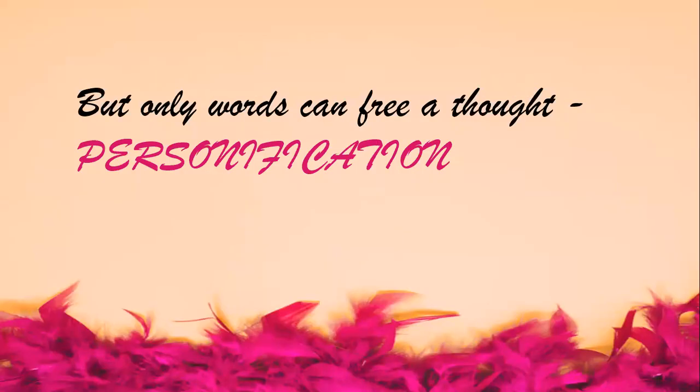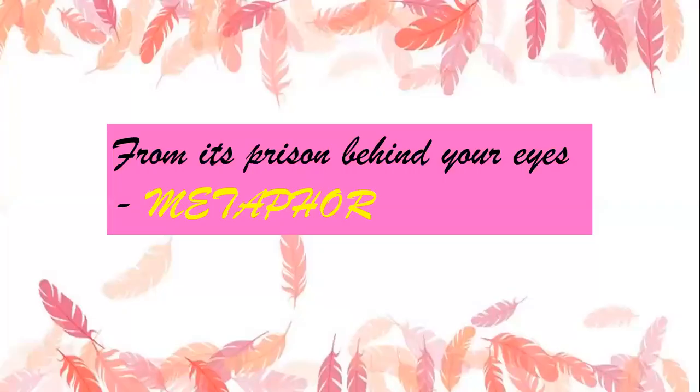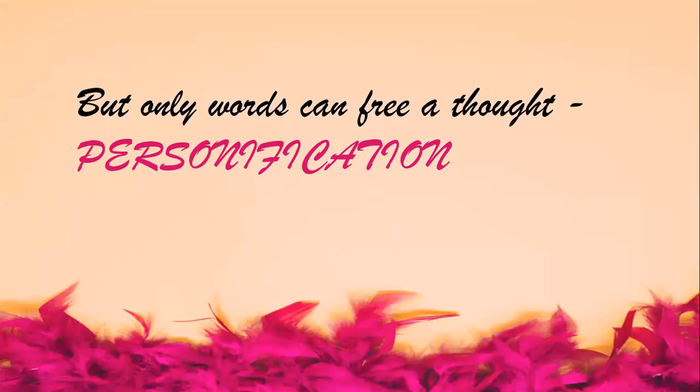Next one, but only words can free a thought. Over here, the freeing and being a prisoner, these are both human activities. And over here again, thoughts are compared to humans in a prison. And the words are the power that frees it from the mind. So both these lines you can do together.